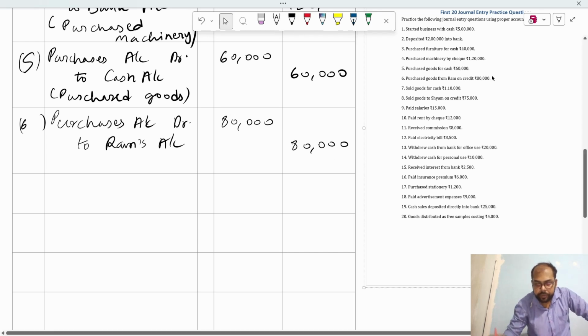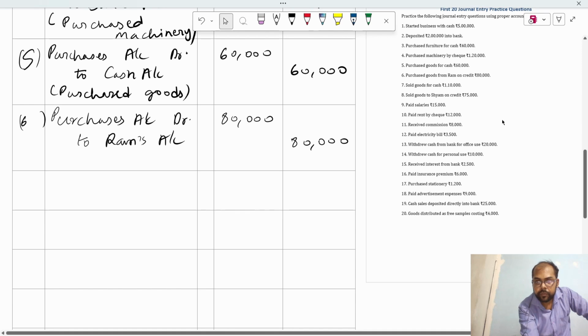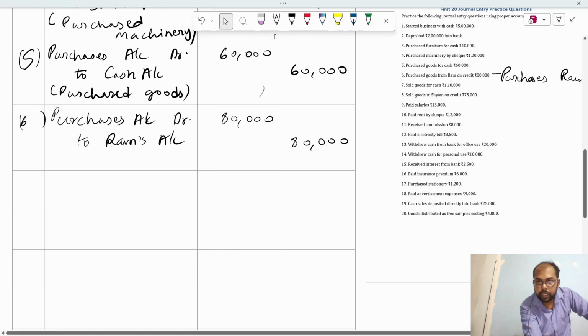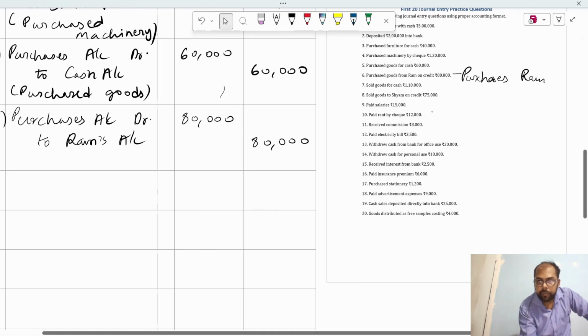Now, let me make this transaction much clearer. There are two accounts here, purchases and Ram.